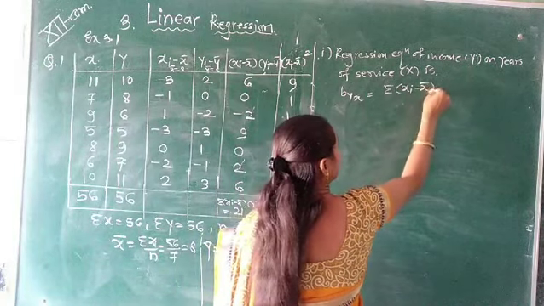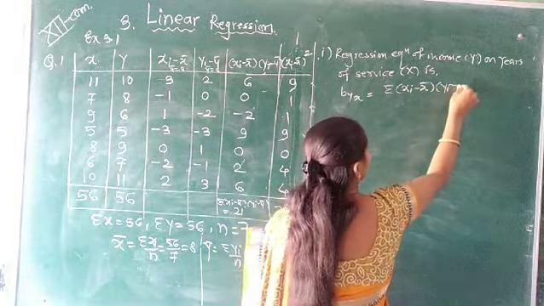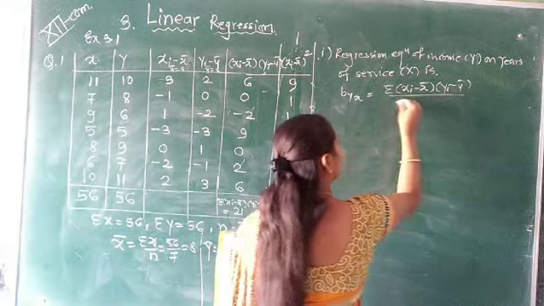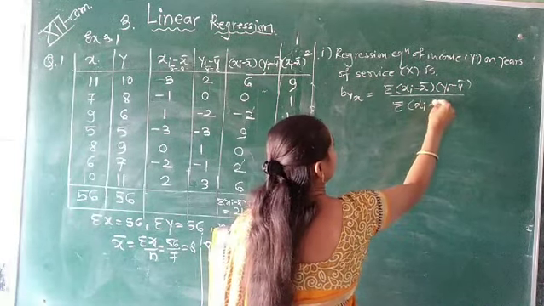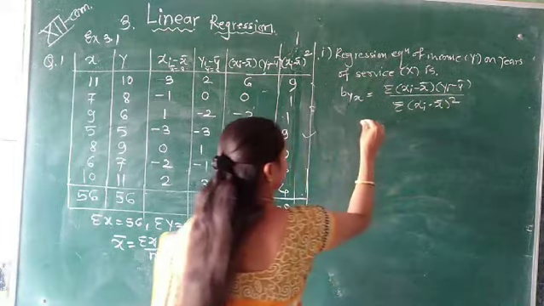Summation xi minus x bar into yi minus y bar divided by summation xi minus x bar square.